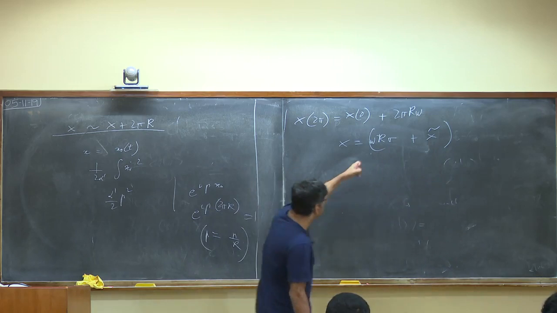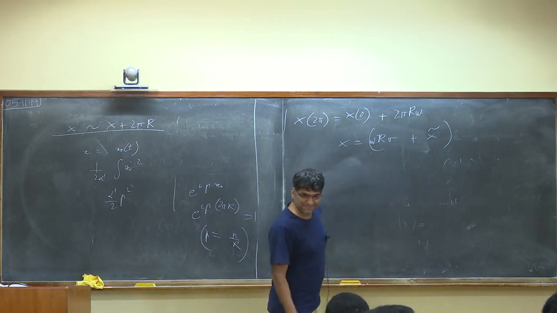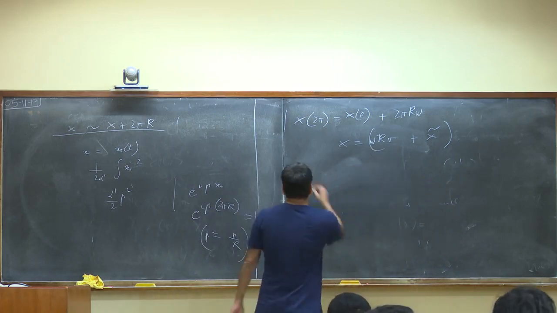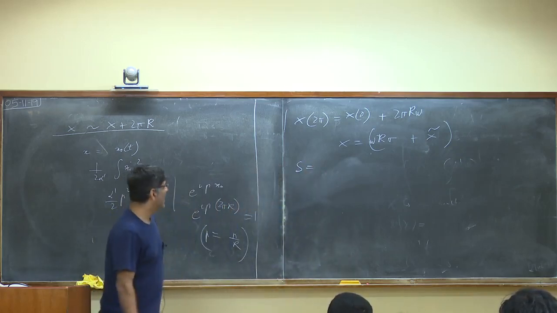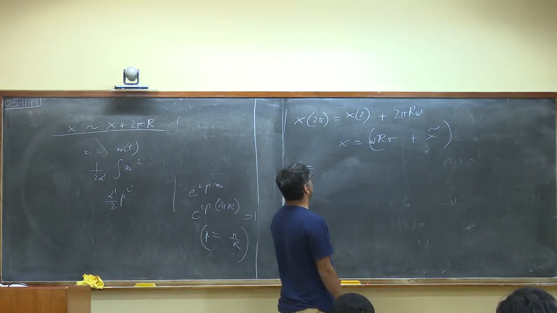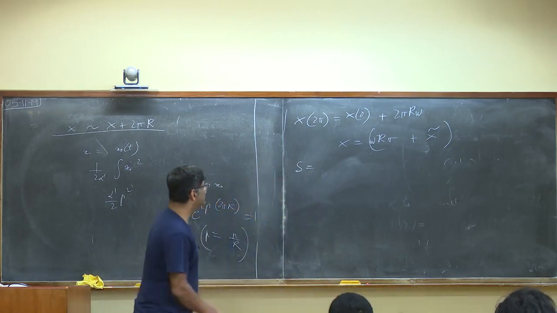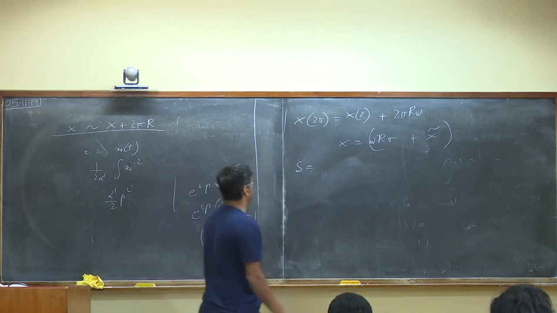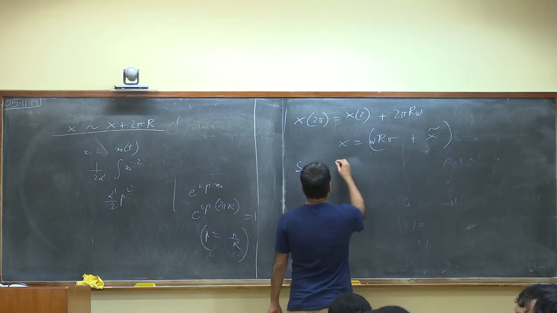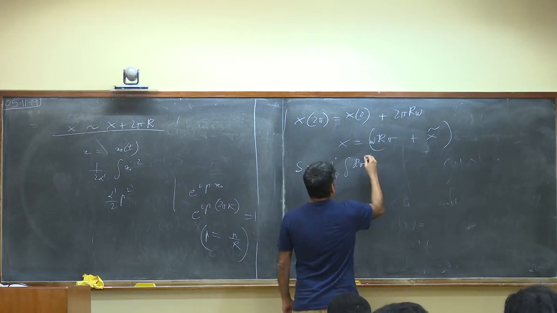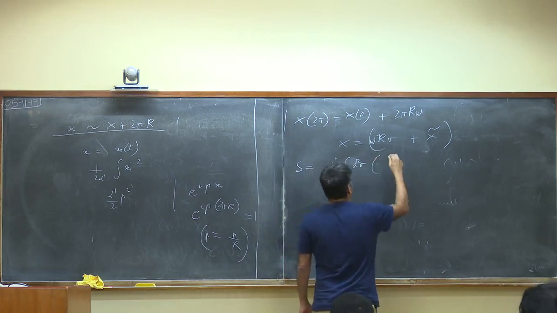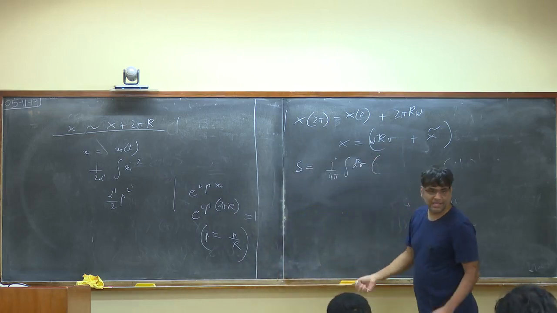Now the action for this is very easy to compute. So S is equal to, let's see, 1 by 4 pi, integral d2 sigma, and the x dot squared term we can ignore.